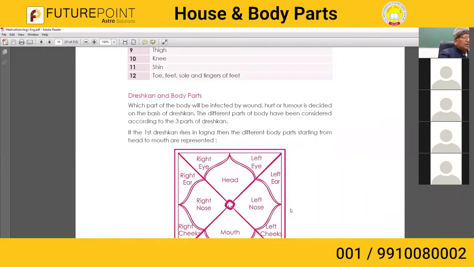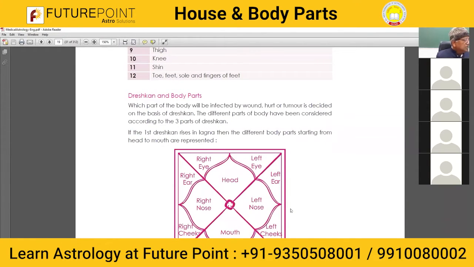There is a book named Medical Astrology. And Jyotish Sutram is also one book. This is a very good book actually.